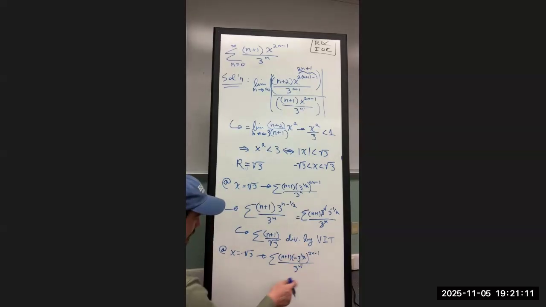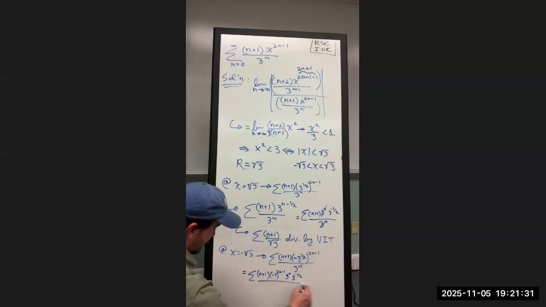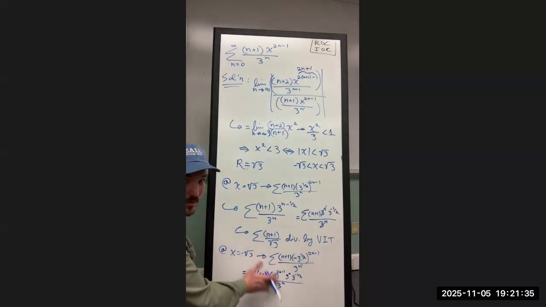And now we'll distribute that power to the negative 1 here and the 3 to the 1/2 power and get n plus 1, negative 1 to the 2n minus 1 times 3n times 3 to the negative 1/2 all over 3n.